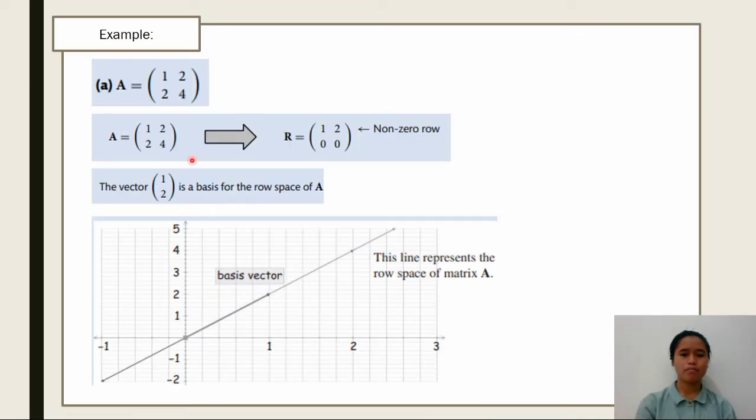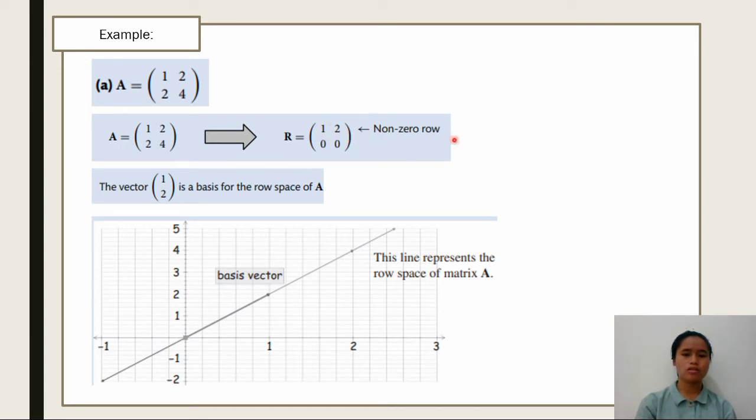For the example, we have a matrix A. From matrix A, we proceed like the previous one, with A this time being 4 times A. We get that R is 1 and 2.